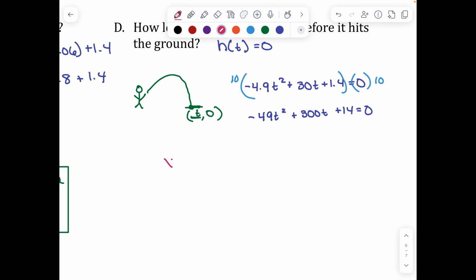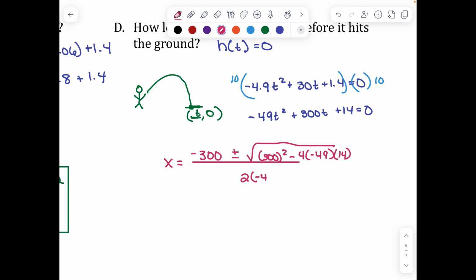So I have x equals negative b, so negative 300 plus or minus the square root of b squared minus 4 times a times c all over 2 times a negative 49.